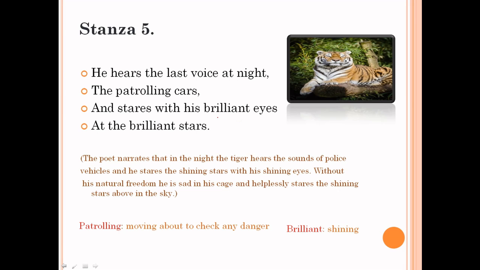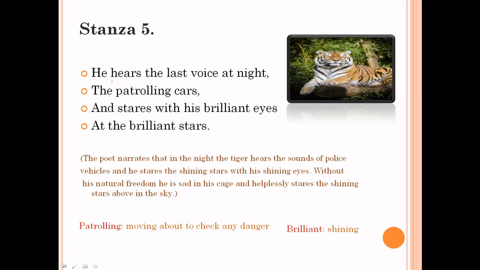तो यहाँ पर ये जो ब्रिलियंट आईज हैं और जो ब्रिलियंट स्टार्स हैं, दोनों ये ब्रिलियंट है, लेकिन there is a great difference between the brilliant eyes and brilliant stars, because the eyes of the tiger are locked behind the bars, but the stars are in the open sky.